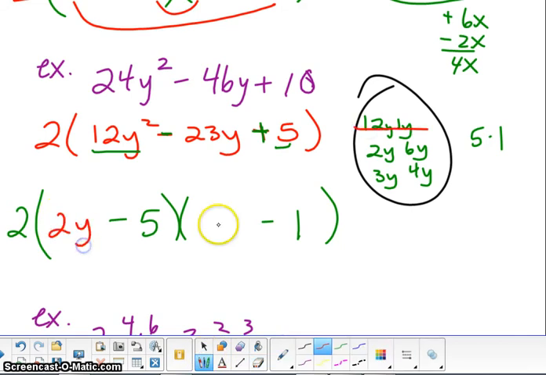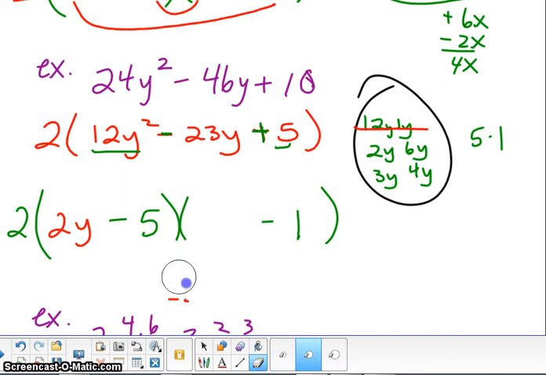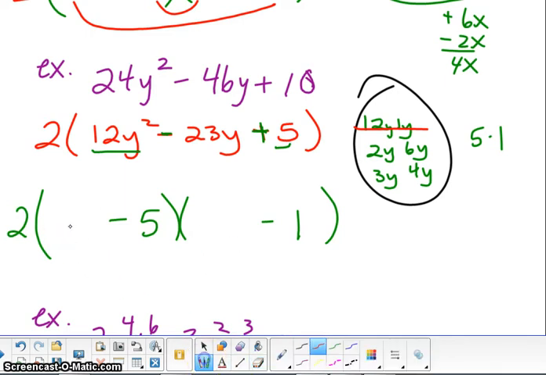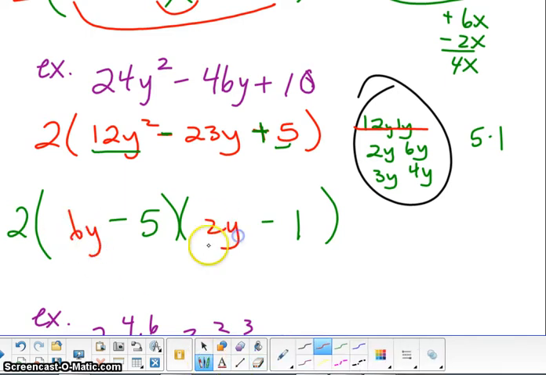So now I'm going to try 2y and 6y, and I get negative 30 and negative 2, which will not give me negative 23, so that's out. Get rid of that, and then just switch them around. Make sure I've covered everything. Negative 10y and negative 6 is negative 16.